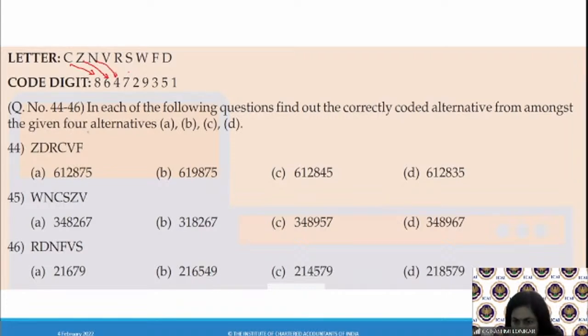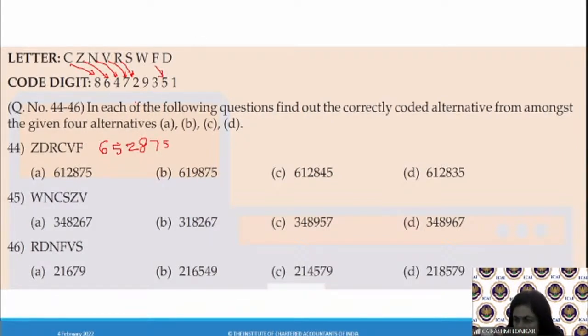So for Z I can write 6. Then for D what should I write down? 5. For R you have 1, 2, 3. Then this is R it is 2. Then C it is 8. Then V it is 7 and F it is 5.